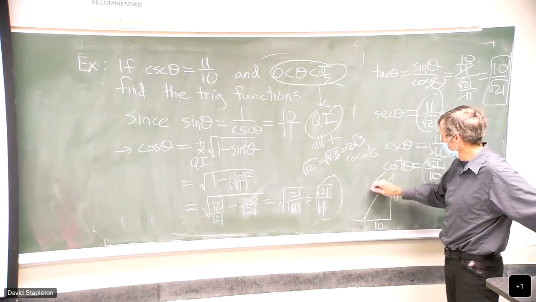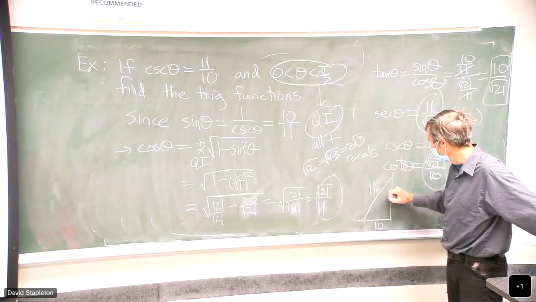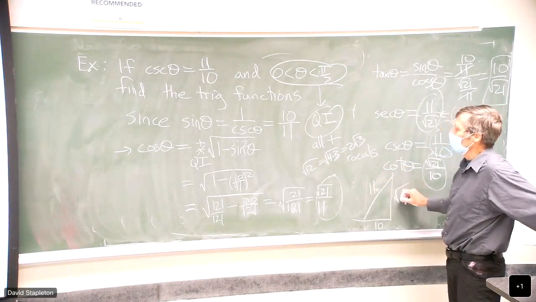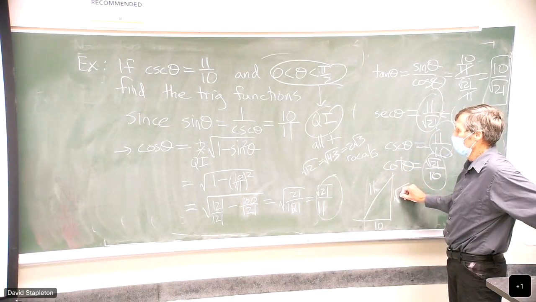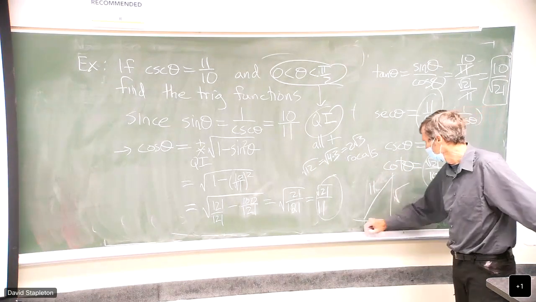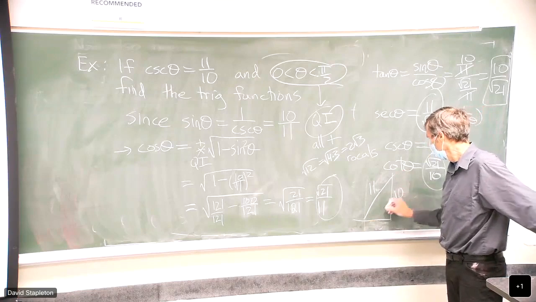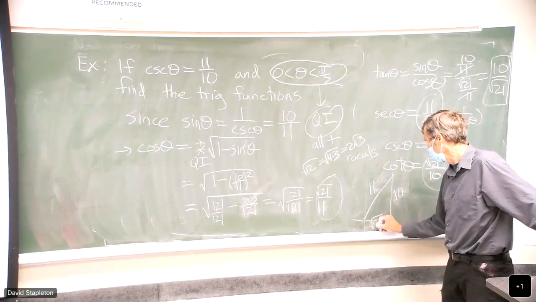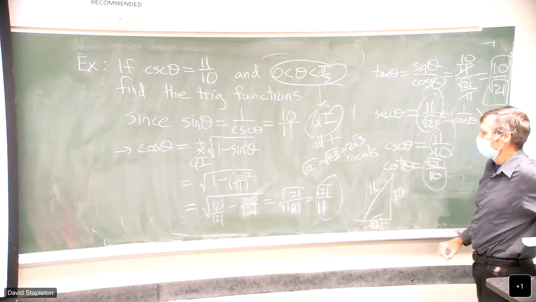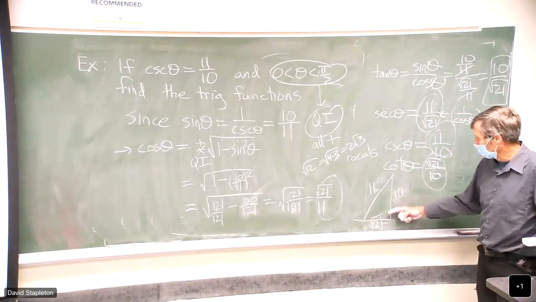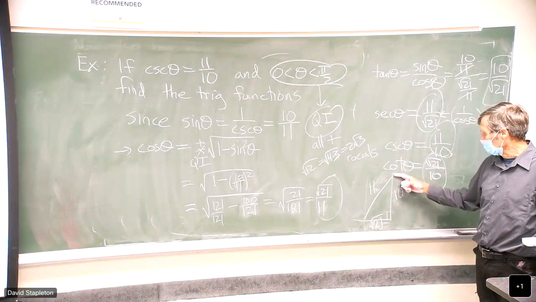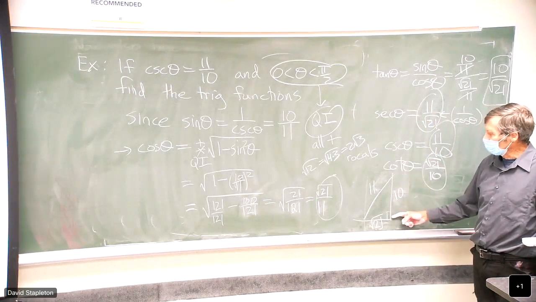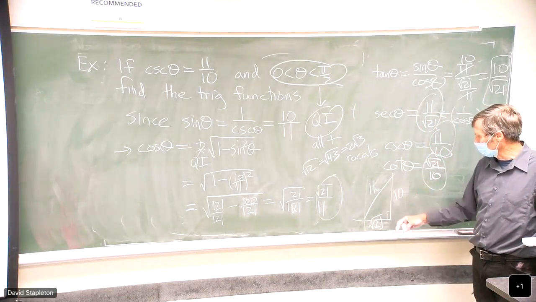It should be 11 here. 11 here, 10, and square root of 21. Yeah, there it goes. There's the triangle it's coming from: 10, 11, square root of 21.